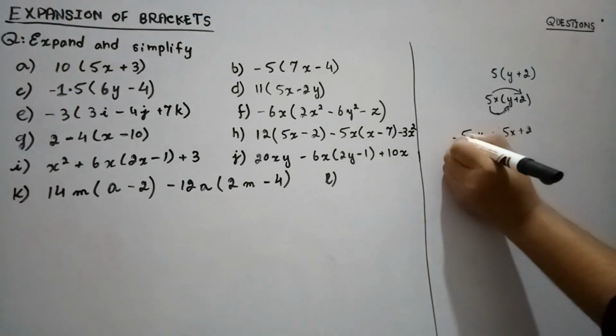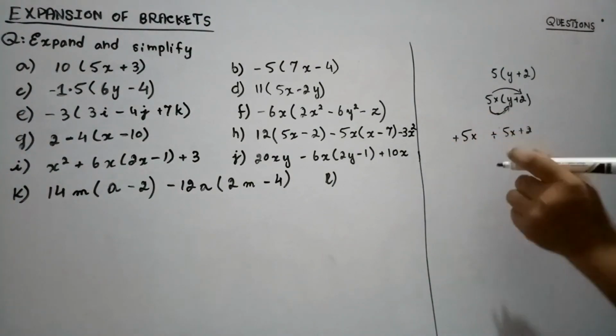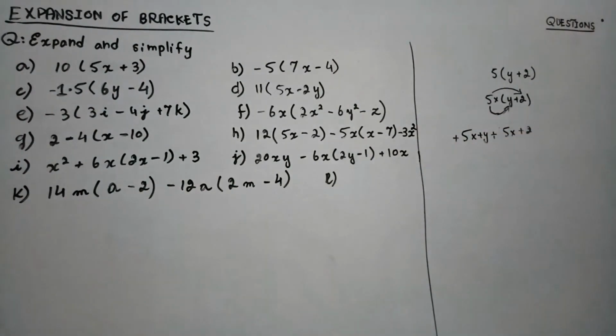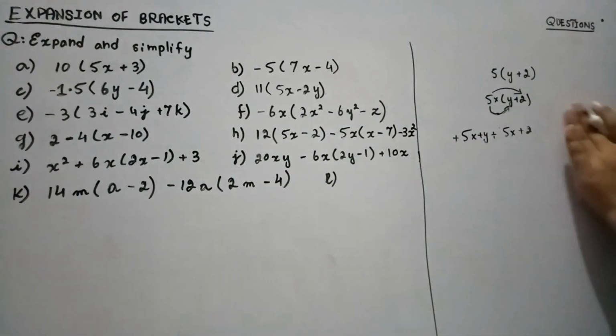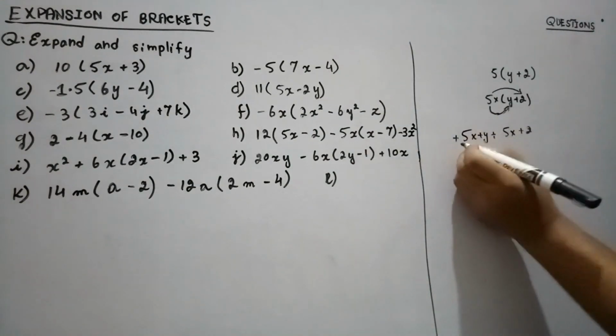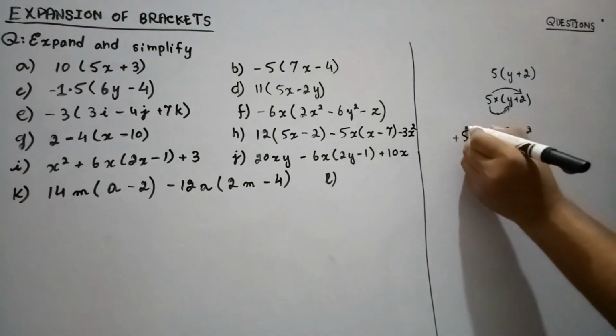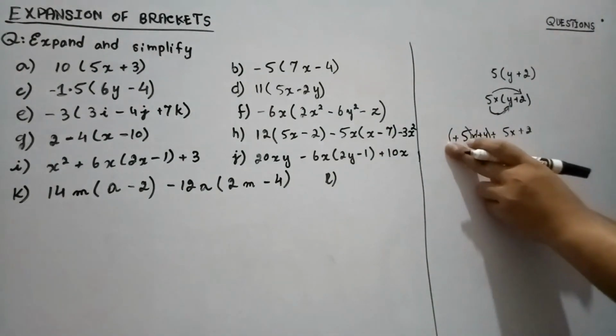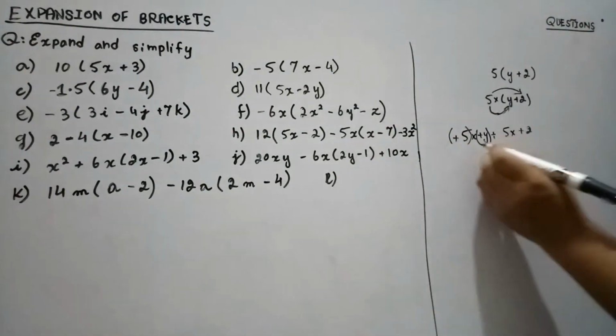Okay, positive 5 is going to multiply by positive 2. Similarly, here we have a positive 5, and it is going to multiply by positive y. You can also write it like this. I hope you will be clear from it. Positive 5 is going to multiply by positive y.